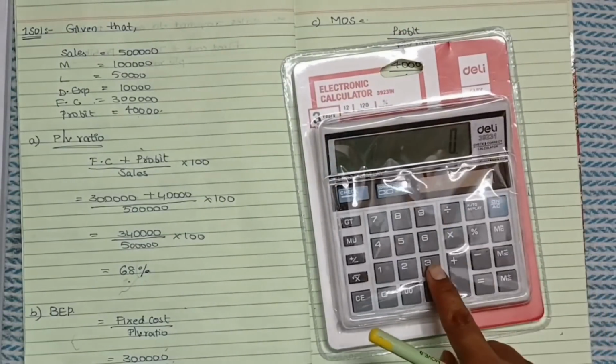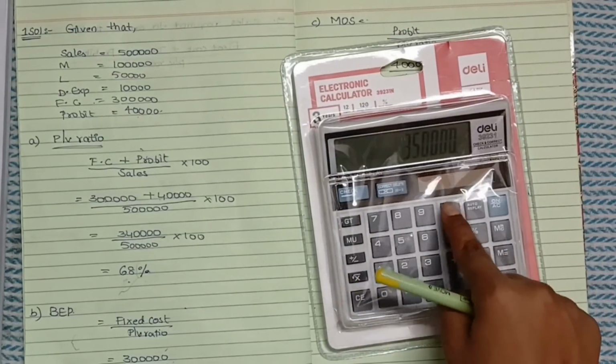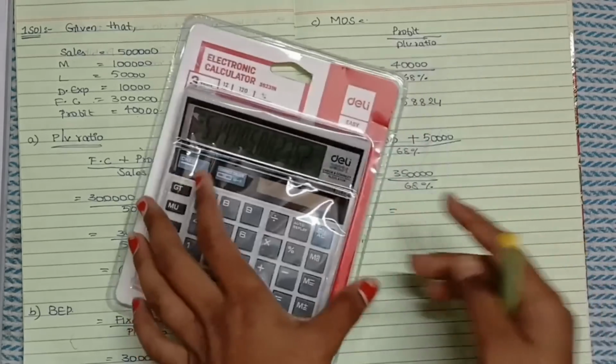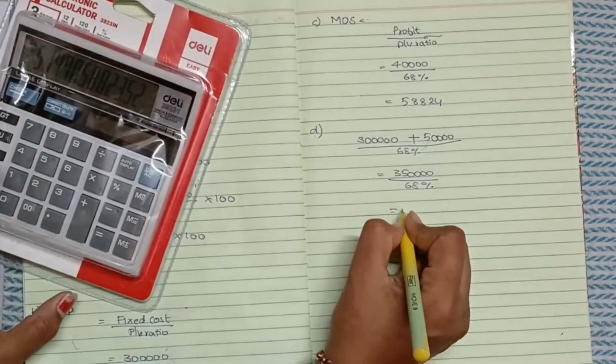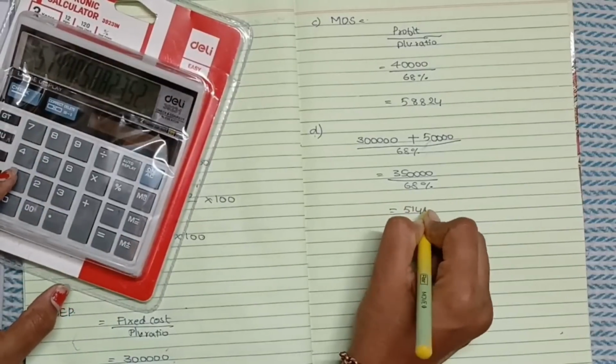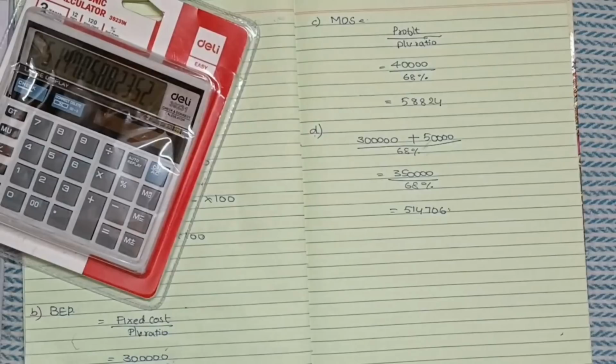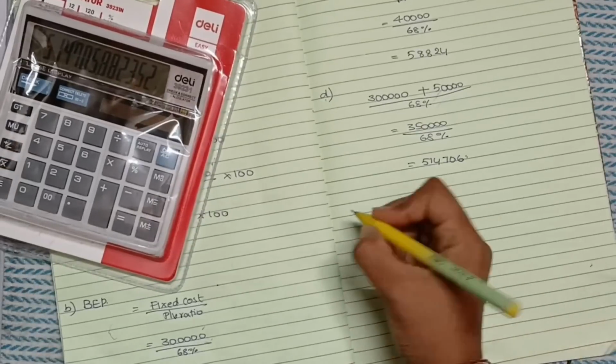How much are you getting? 5 lakh 14,706. Got it? Same formula. Next what have they asked?